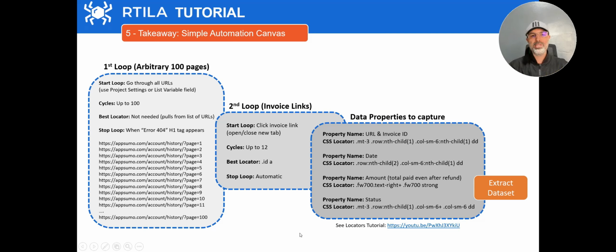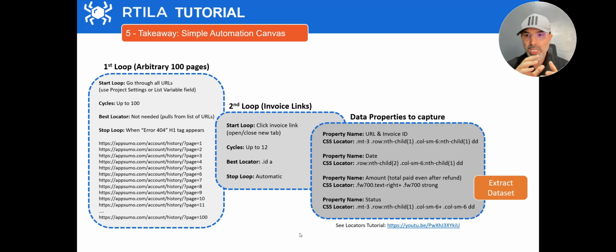So the good thing about this automation canvas is that you can actually do a blind automation. With this information, I don't need to look at the AppSumo website. I have everything I need to go on RTILA. I'm going to create my first loop. I know which URLs I'm going to put, and I know when to start it and when to stop it. Inside that loop, I'm going to create a second loop because I know which ID, which locator, I'm going to click, even if I don't see it visually in front of me.